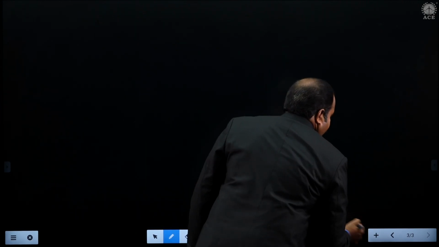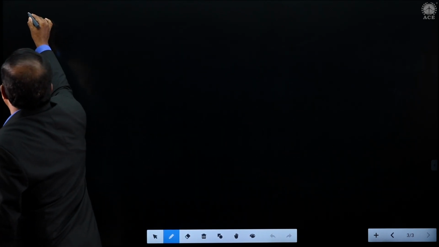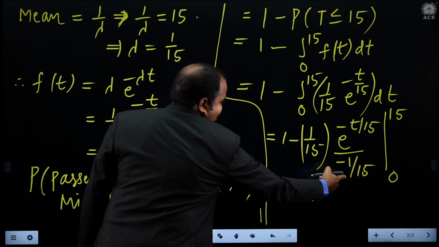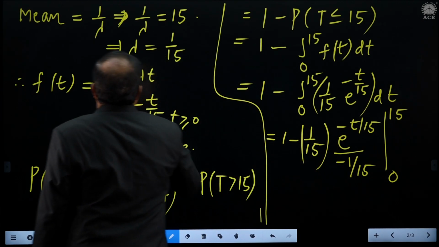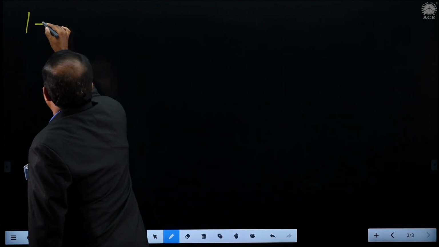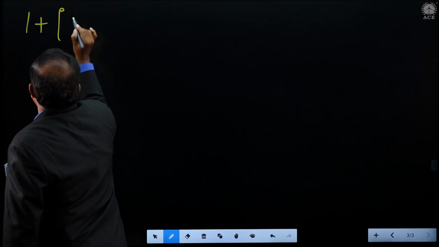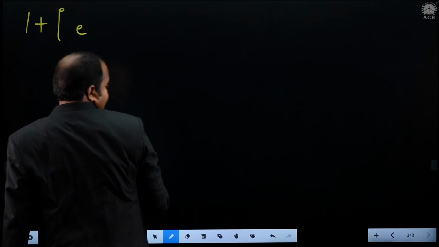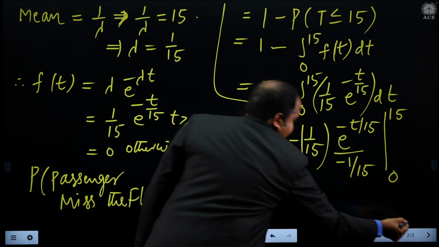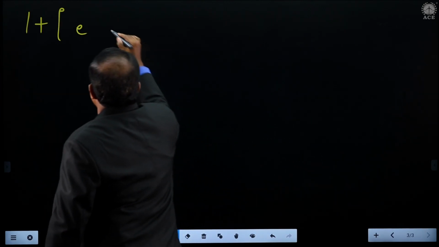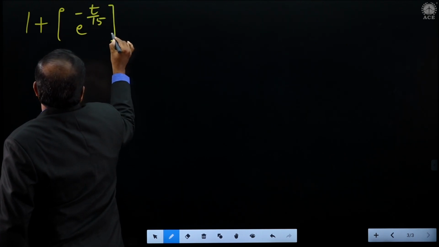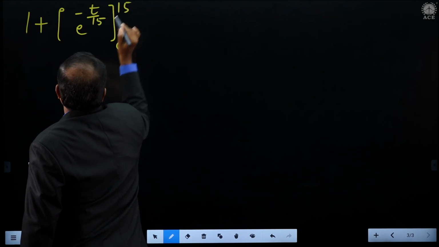So cancel these two terms, and it would be 1 plus e raised to minus t by 15 between limits 0 to 15.